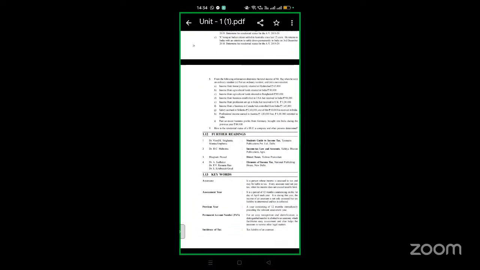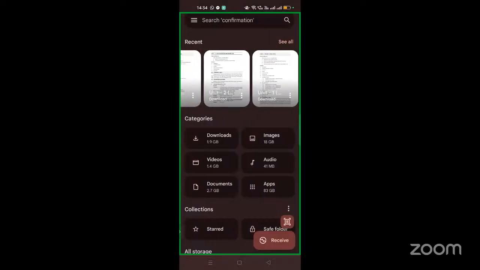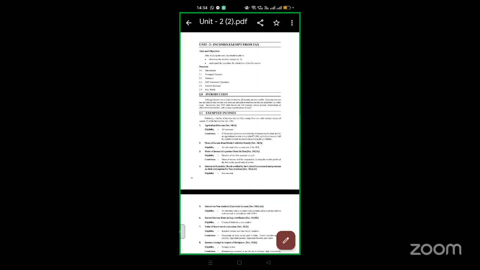Now let's move to unit 2, where we talk about the incomes exempt from tax.